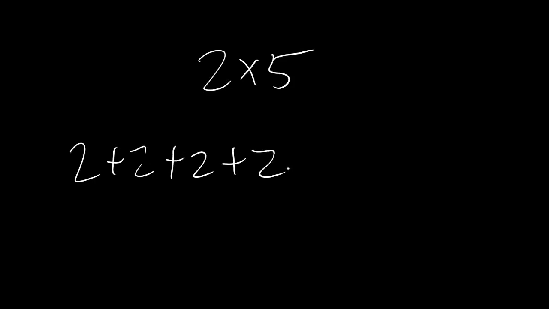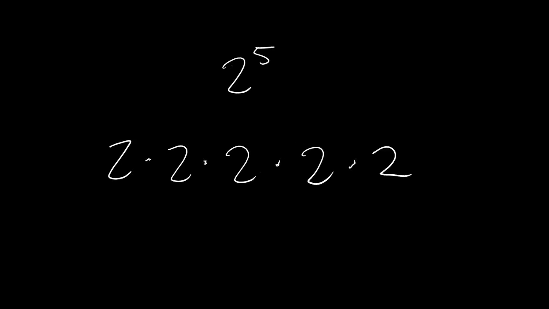So if you think of multiplication, for example, 2 times 5, this is basically 2 plus 2 plus 2 plus 2 plus 2. That's multiplication, right? It's the number 2 added up 5 times. Exponents are very similar. For example, 2 to the fifth is 2 times 2 times 2 times 2 times 2.